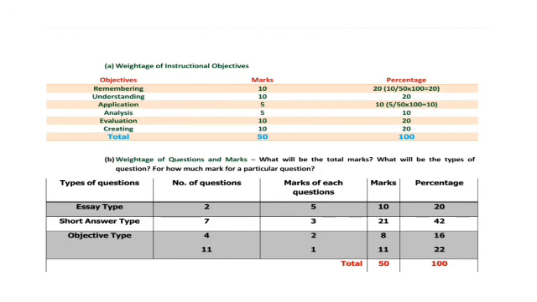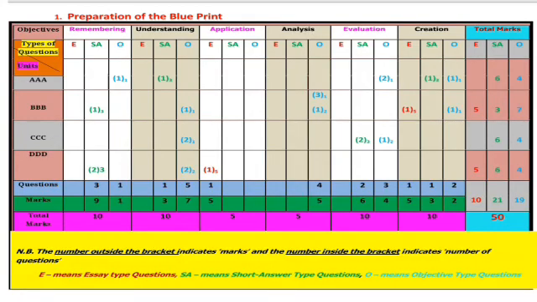So what we have learned: we have seen what an achievement test is, and what steps we need to follow for preparing the blueprint. Clear? So this is all about the achievement test and blueprint. If you try, definitely you will be able to prepare it.